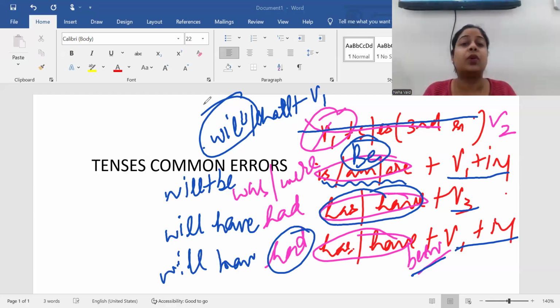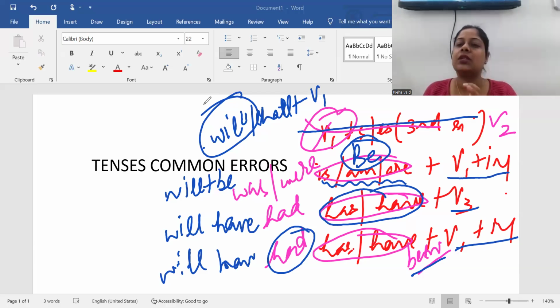Now let's talk about the major mistakes that we make. Till now I have explained simple present, present continuous, present perfect continuous. The same thing happens with simple past tense. A precise time period is given in the past and you're going to talk about it: this is simple past. So yesterday, a month ago, anything.